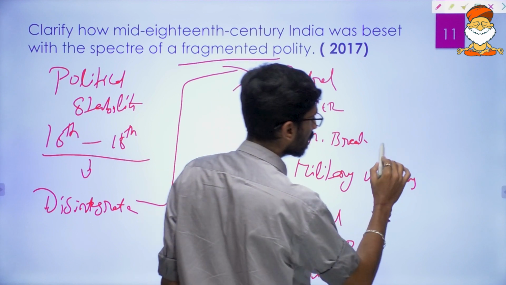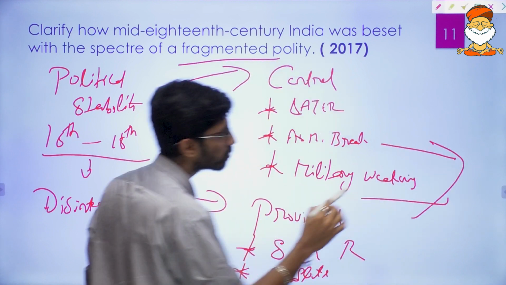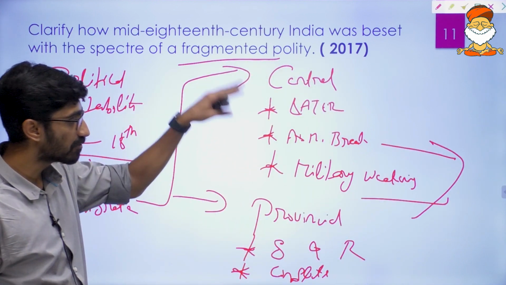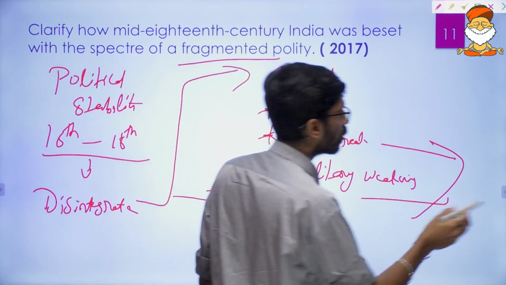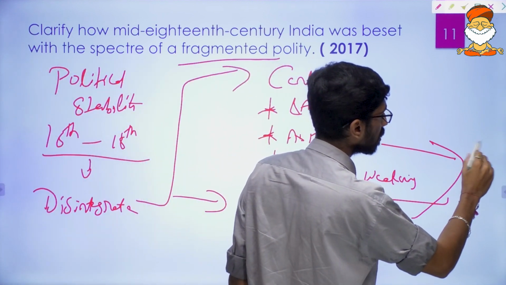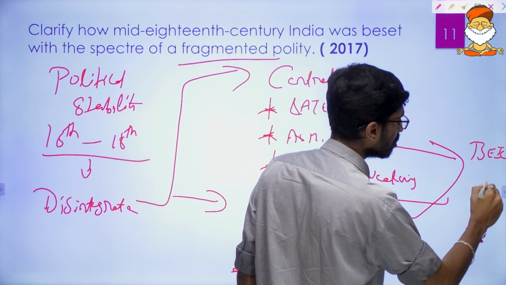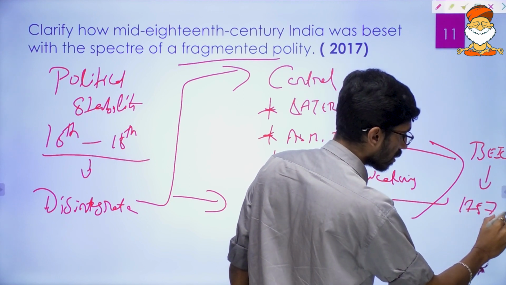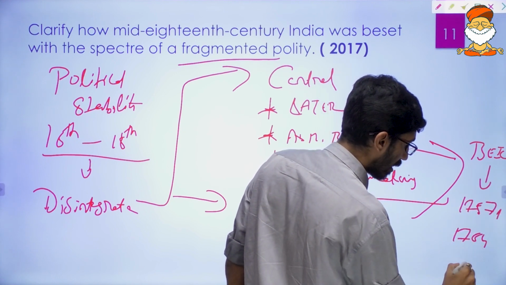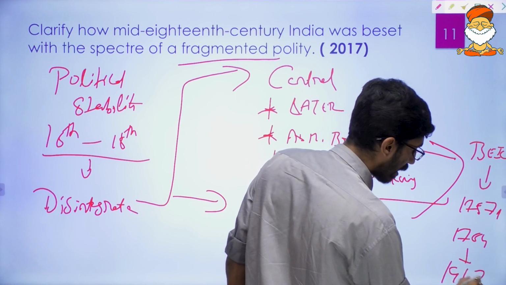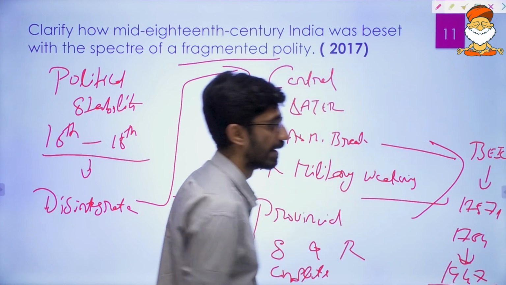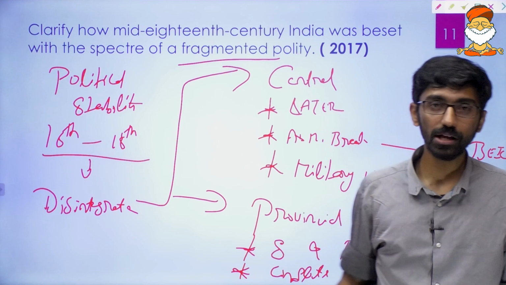And in conclusion, what you are going to write is that this fragmented political system played into the advantage of the British East India Company, with the Battle of Plassey and the Battle of Buxar ultimately continuing their dominance until 1947 in India. So this is the entire structure of the answer.